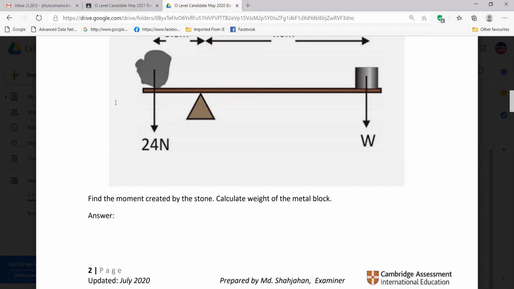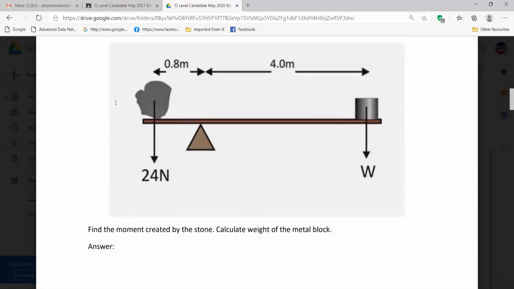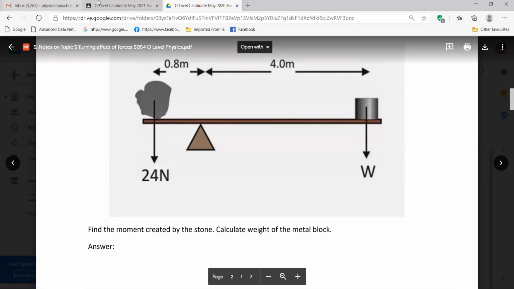First, you find the moment created by the stone. So here is the formula, right? Moment equals F into d. You can see, okay. So if you can see, write the values in your copy.